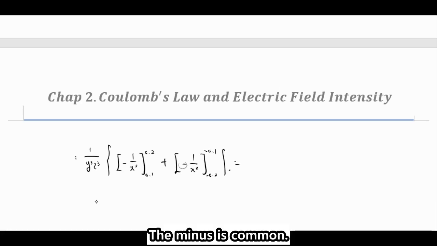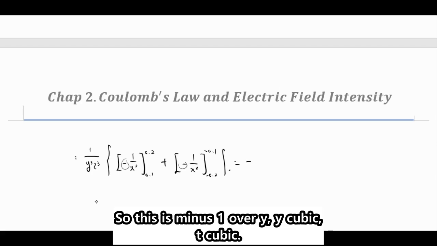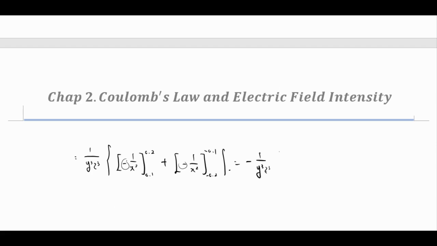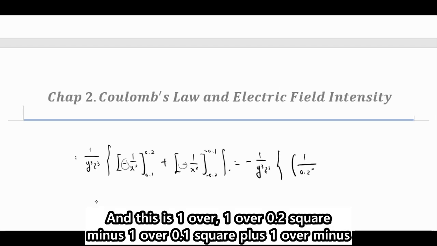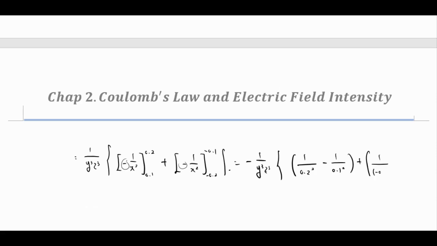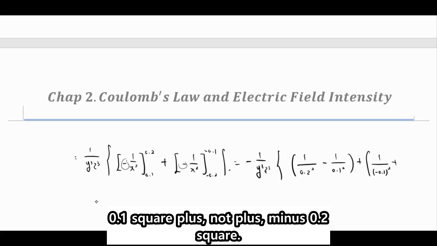So minus is common, so this is minus 1 over y cubic z cubic, and this is 1 over 0.2 squared minus 1 over 0.1 squared plus 1 over minus 0.1 squared minus 1 over minus 0.2 squared.